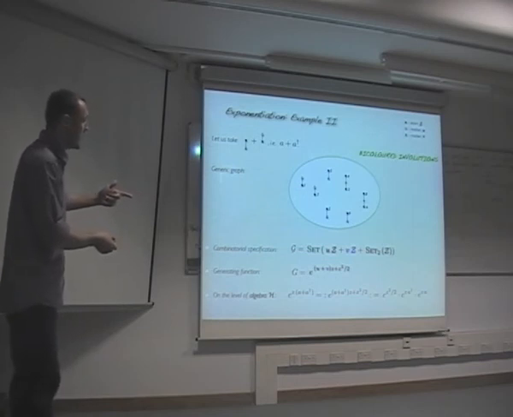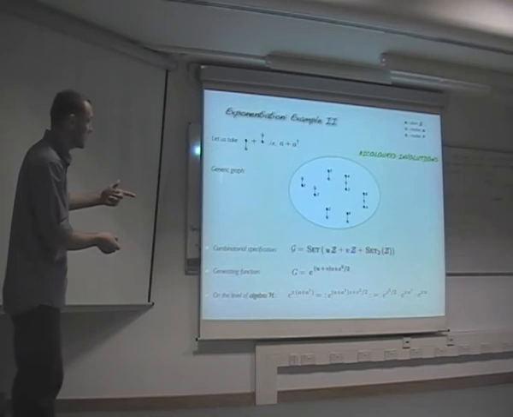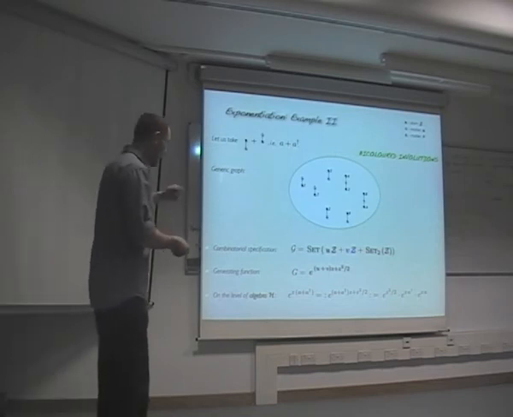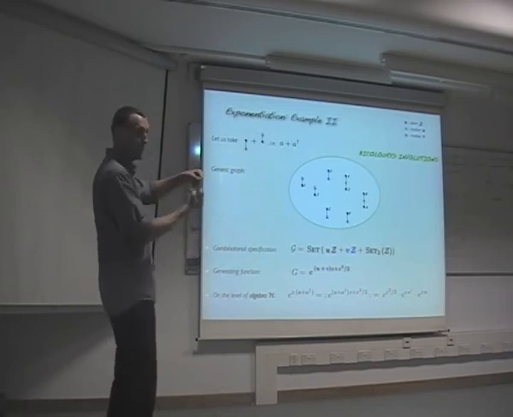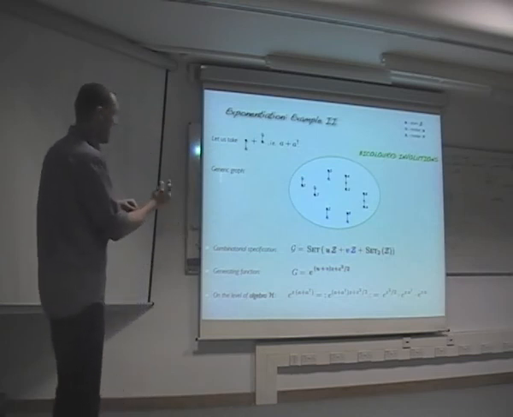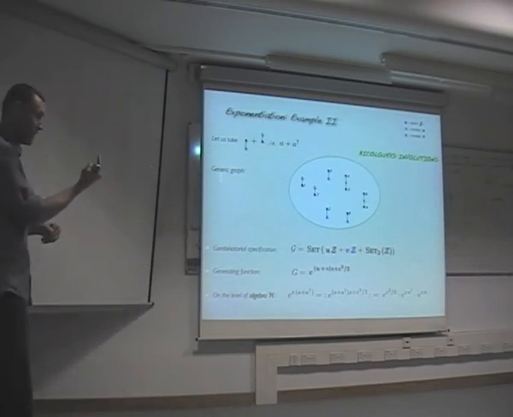This is just sets, this is the specification. This is a set of two elements. Again, how does this translate into the generating function? The exponential generating function of this piece is just z squared over 2, because it's just one element of size 2.